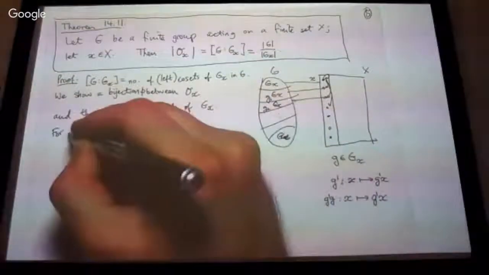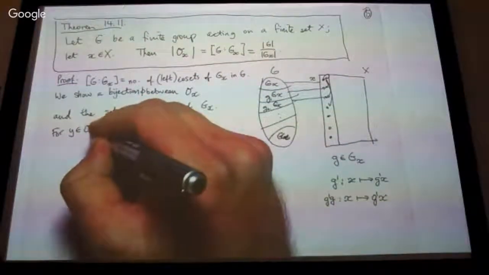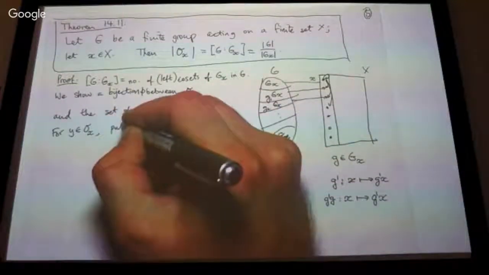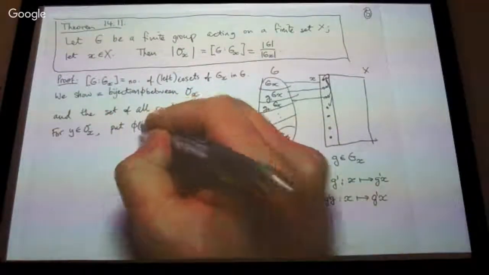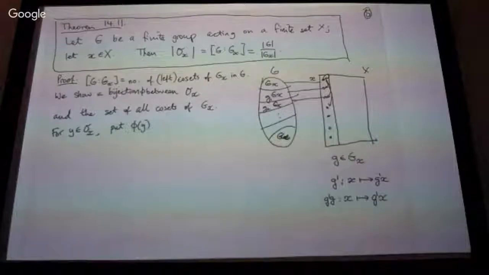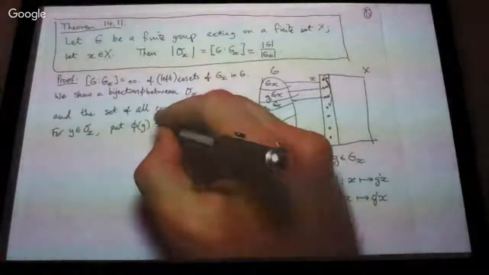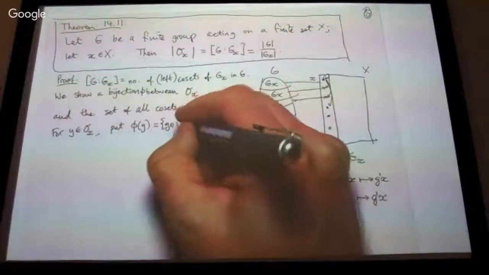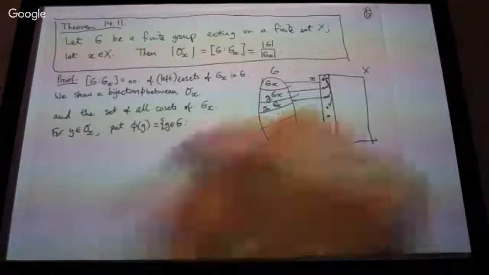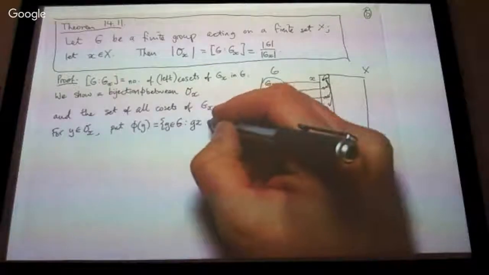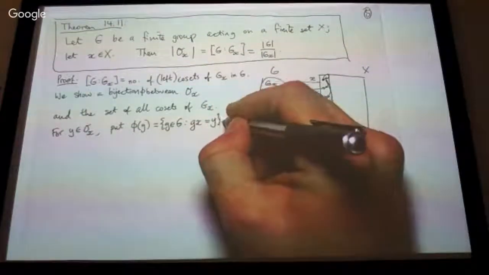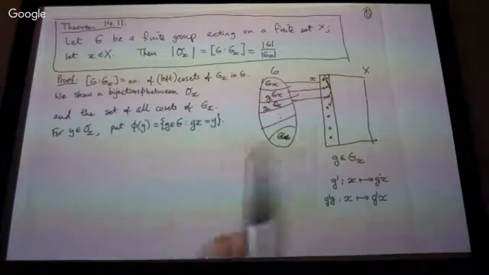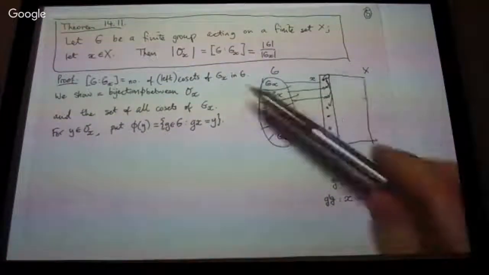So for any y in that orbit, phi of y will be, now what I want is a coset, so I want all the g in G such that g sends x to y. Okay, x is fixed, whatever x is what we start with.